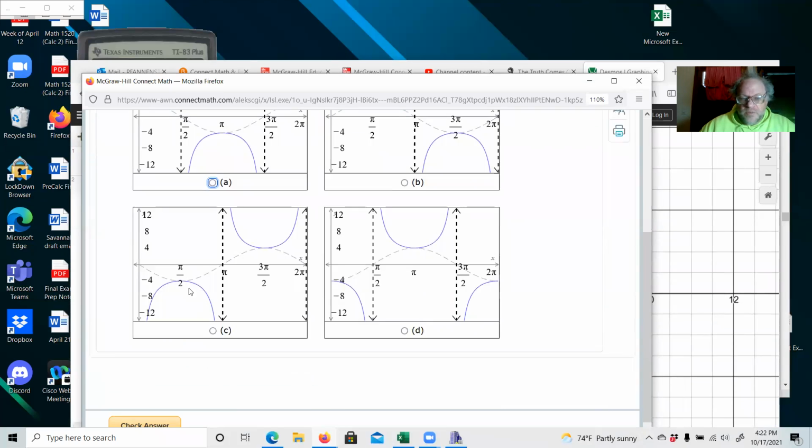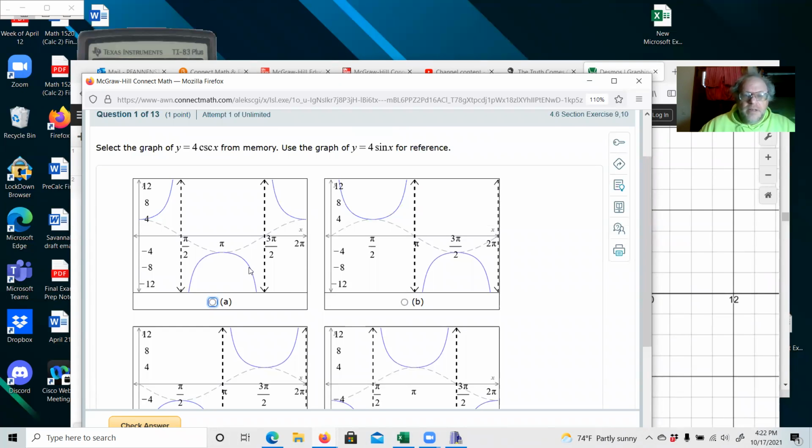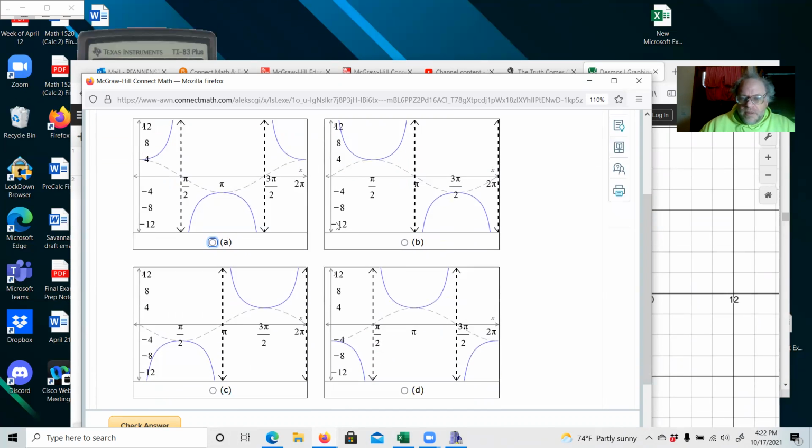So the first thing I'm going to do when I look at these functions is ask, which one looks like a sine? This one. That one, right? B and C look like sines, all right? There's no phase shifts or anything. It's just got a 4. Well, on part C, it looks like a negative sine.